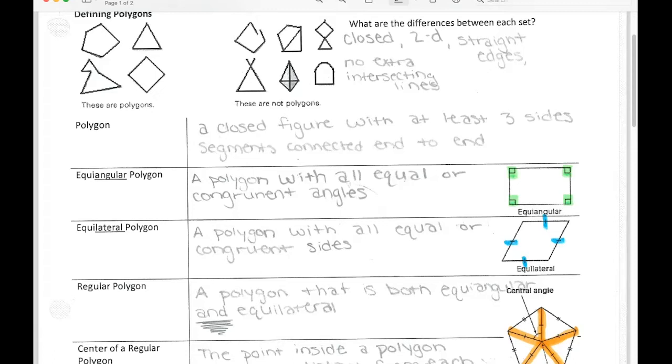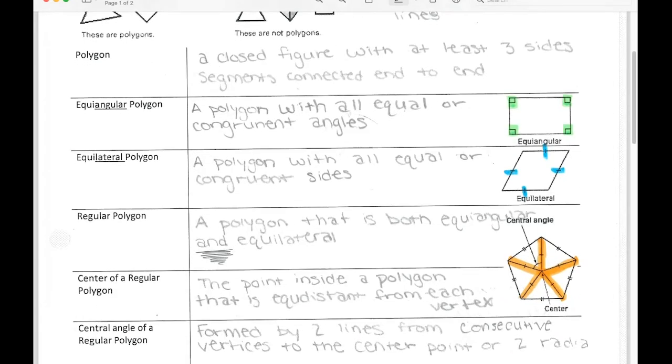So all the sides would be the same, not necessarily all the angles. A regular polygon is one that contains both, so a polygon that is both equiangular and equilateral. Like a square, that would have all sides congruent and all angles congruent. That would be an example.